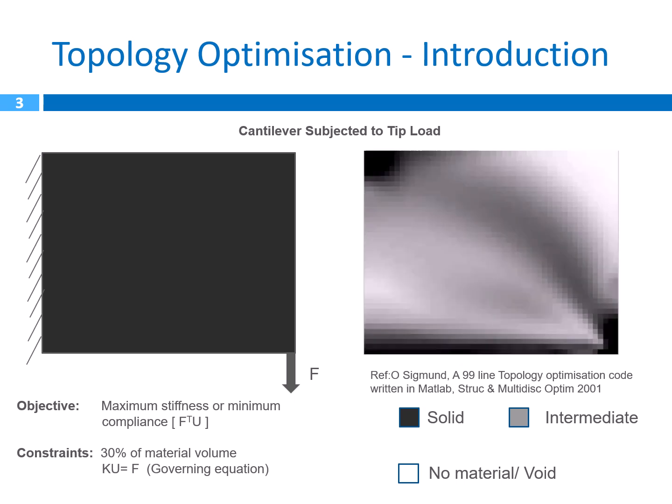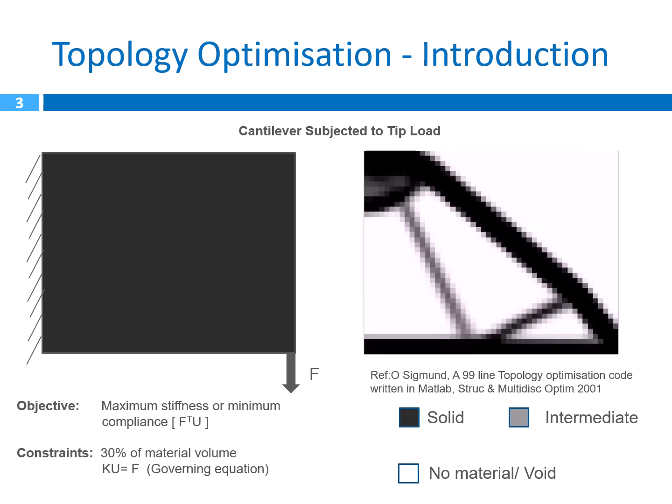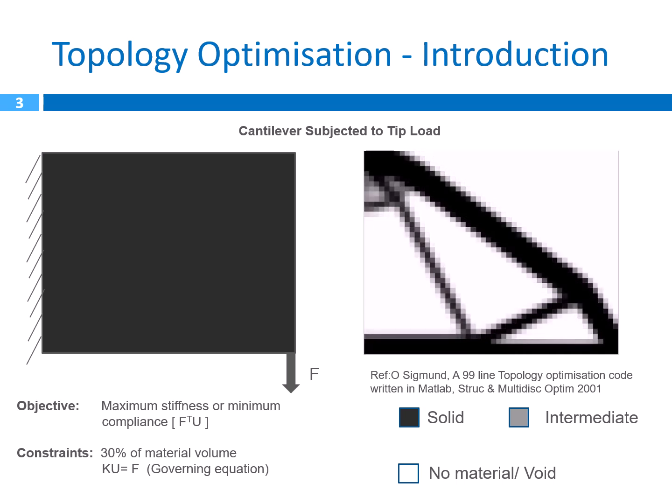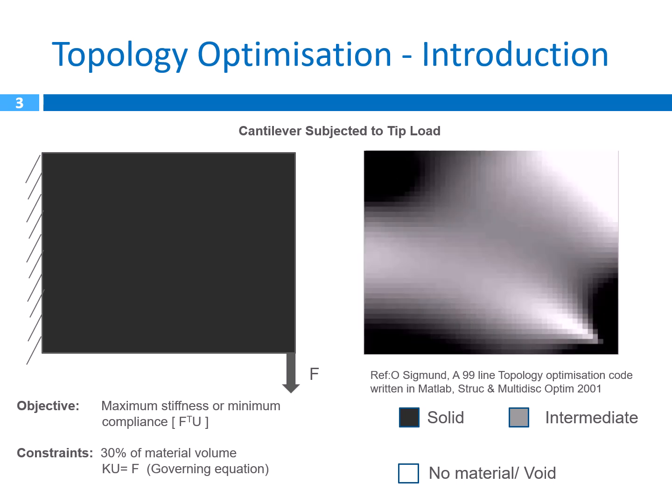I just run this solver, and as the solver runs, it inserts material wherever it is required and removes material where it is not required to achieve maximum stiffness. The black represents the solid, and the gray that you can see on the periphery of the beams is the intermediate material, like a 50-50 material or a void, and the white represents where you don't need any material.